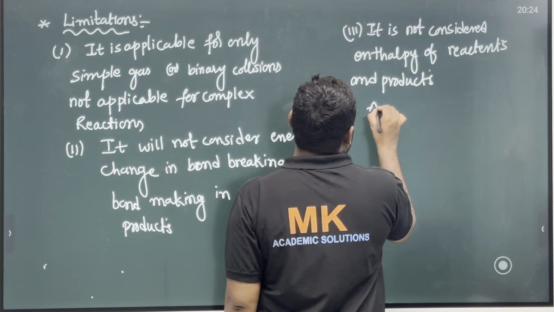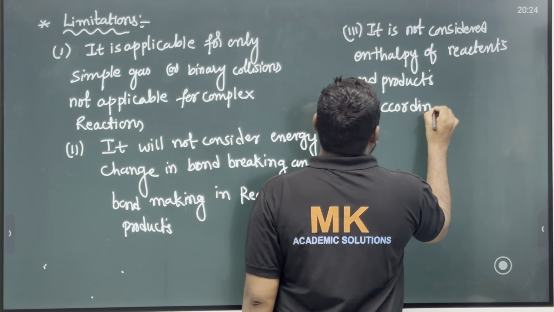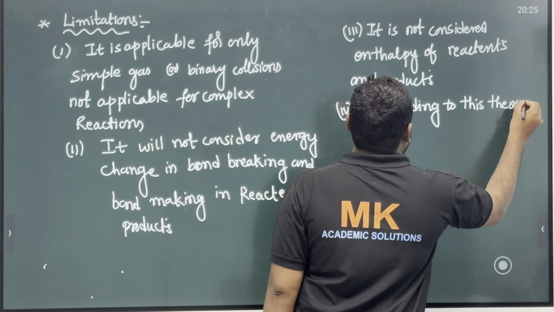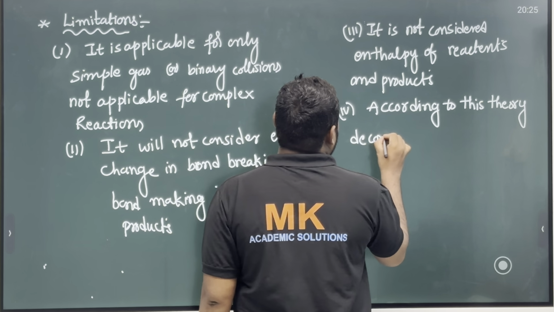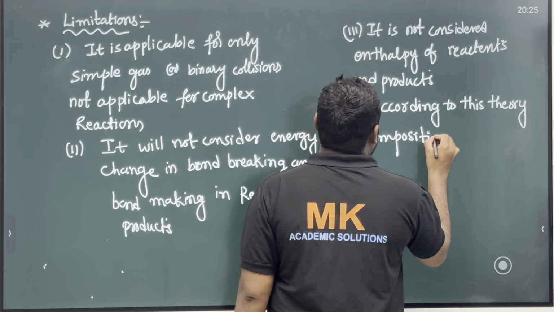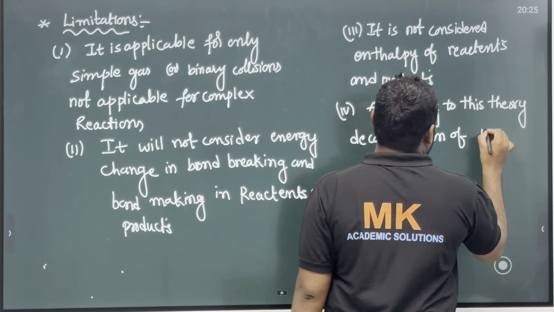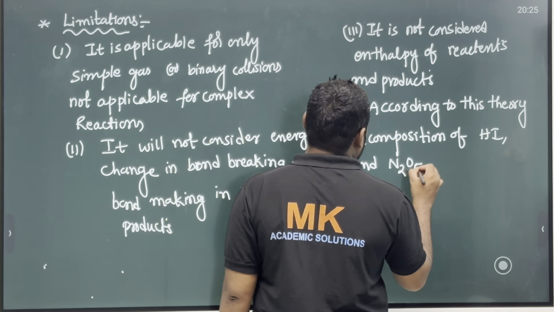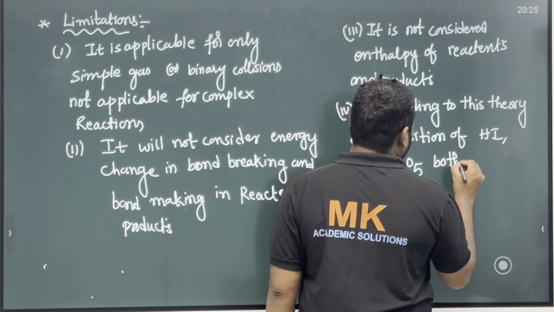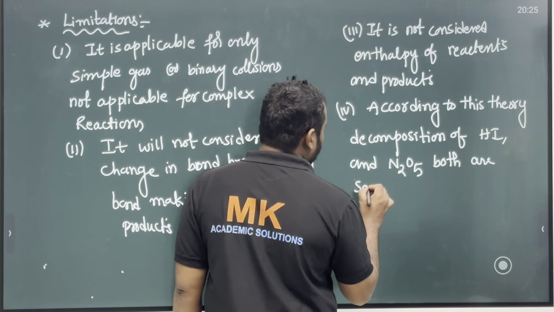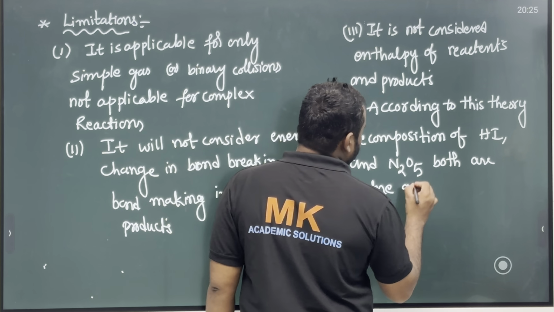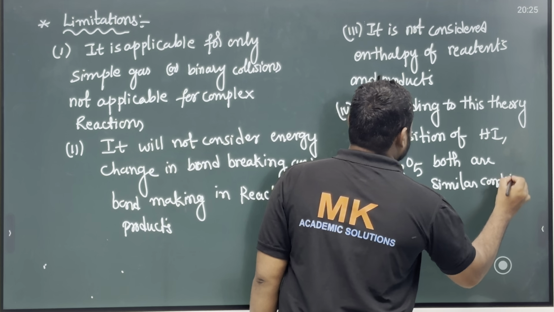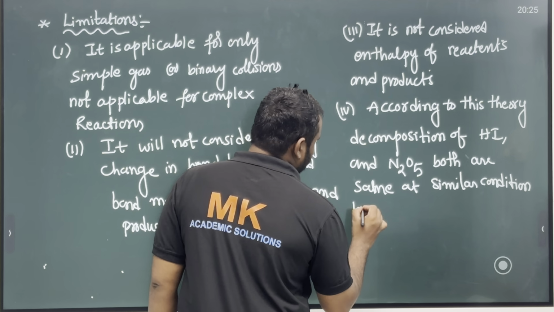According to this theory, the decomposition of HI, hydrogen iodide, and N2O5 are both the same at similar conditions, but they are different.